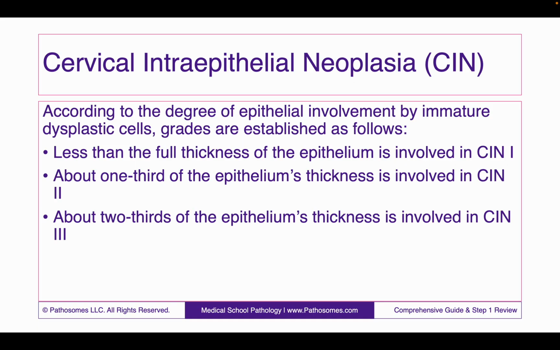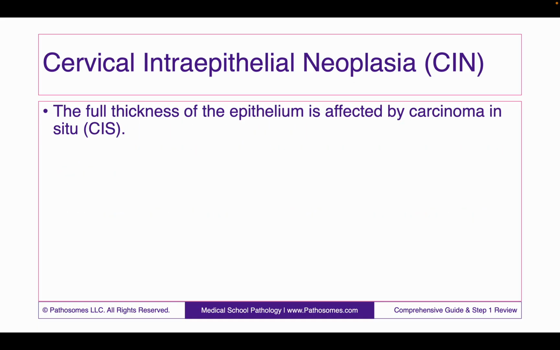If about 1/3 of the epithelium's thickness is involved, that's cervical intraepithelial neoplasia type 2. And if 2/3 of the epithelium's thickness is involved, that's cervical intraepithelial neoplasia type 3. The full thickness of the epithelium is affected by carcinoma in situ.